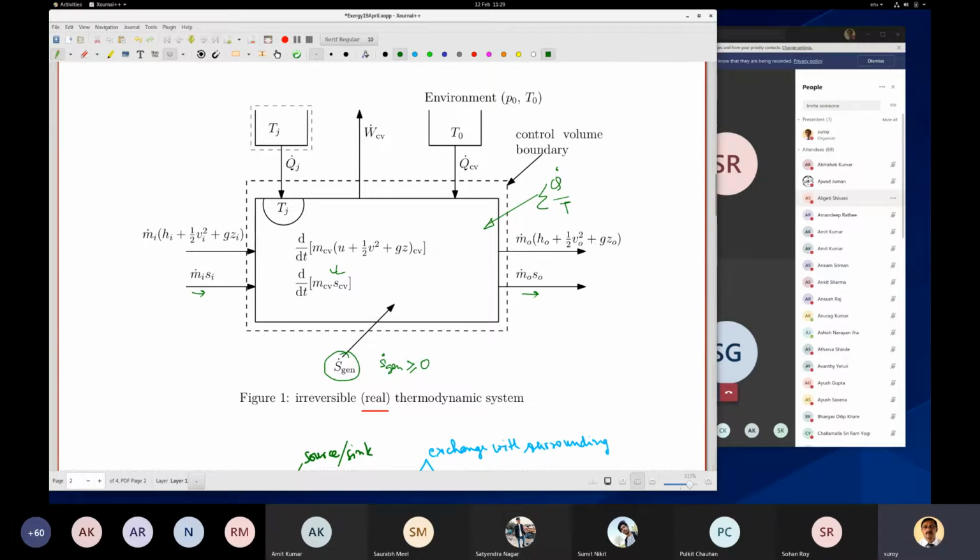So entropy. This does not contribute to entropy. Only the Q, entropy due to heat flow, right? This is what happens. So this is the entropy contribution, right?